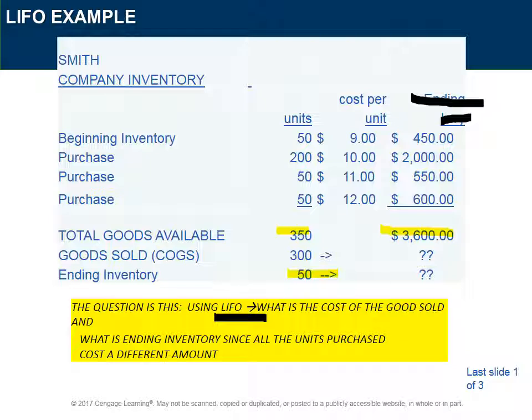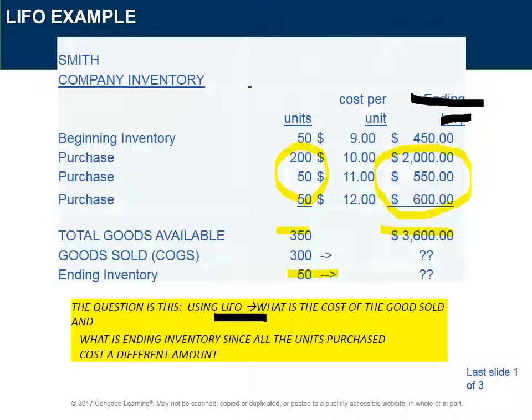Okay. So it's easiest, and that's why you see this problem done this way a lot. It's easier to count 50 than it is to count 300. So we go in and we say, LIFO says that the last inventory that came in is the first that goes out. So what is the price of the last 300 that came in?